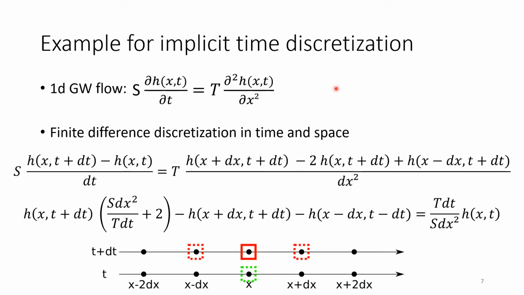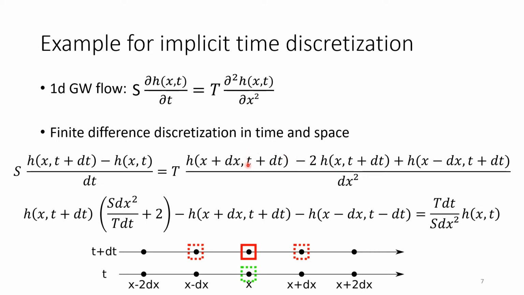So what does this explicitly look like? We have the same 1D groundwater flow equation as before. Again, we have the time derivative. We approximate this exactly the same way. The only change we now make is on the right-hand side, where we have the same grid points involved, so upstream, downstream, and at the current position.